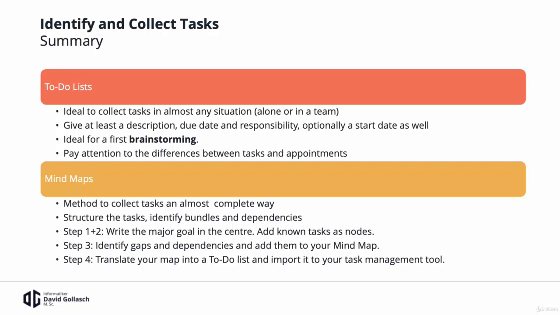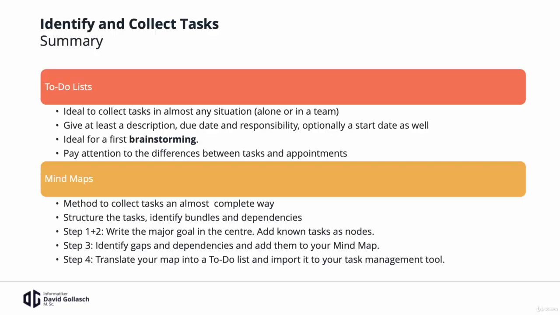Within this to-do list, you give at least a description of the task that has to be done. You need to take down a due date as well, because that's important when taking down to-dos. It's not only to take down the to-do as such, but as well a due date. You take down the responsibility, so who is responsible for this, and optionally add a start date as well.